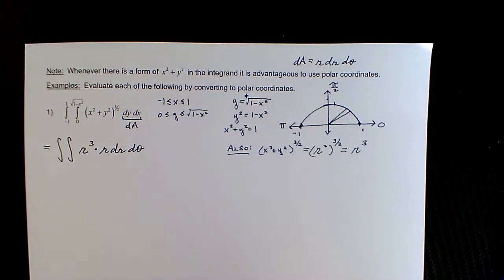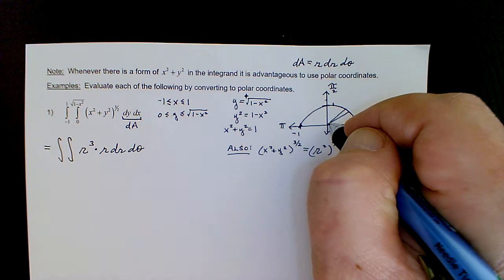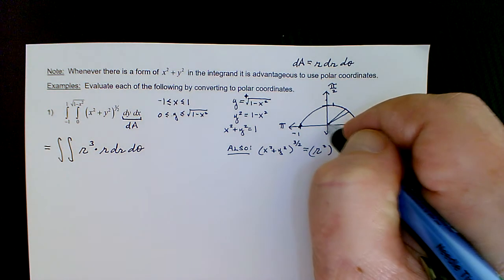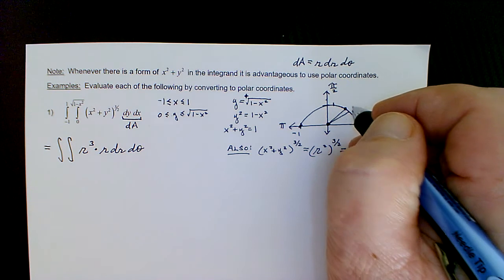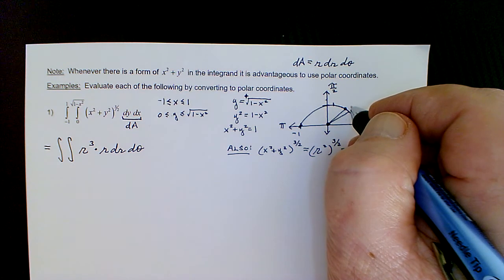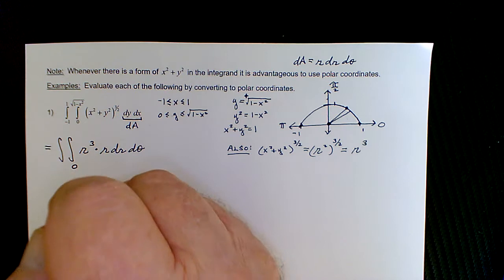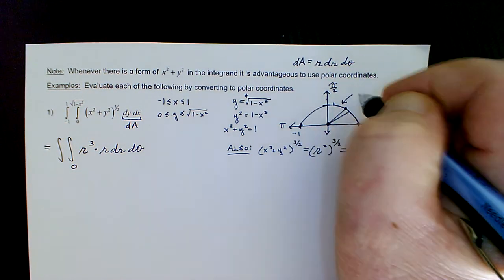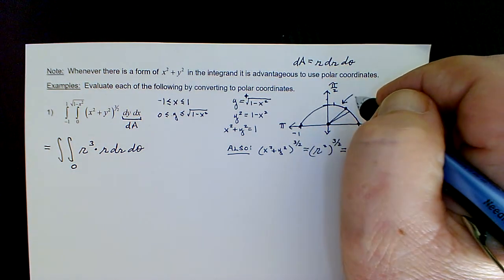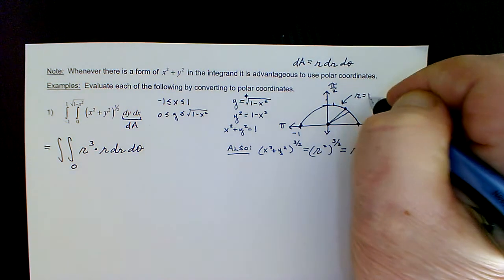And now the limits of integration. With respect to r, this is going from 0, the radius of 0, to the curve. So our lower limit is 0. And the curve has the radius of 1.